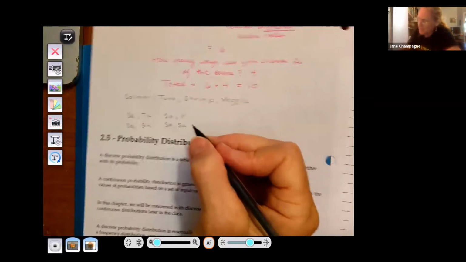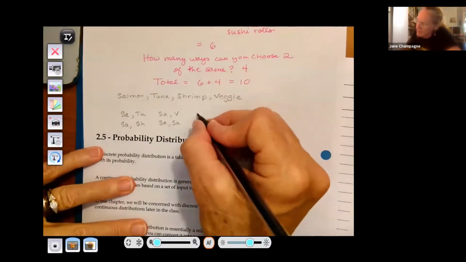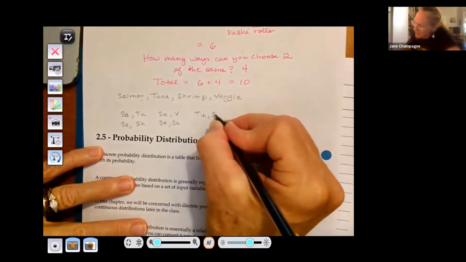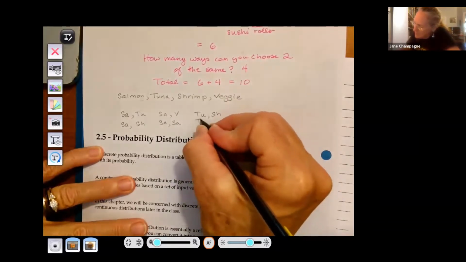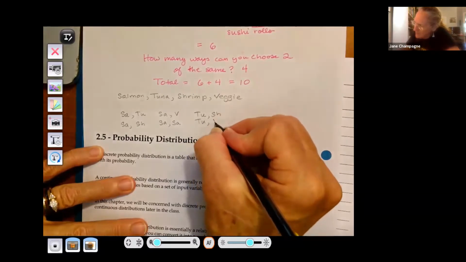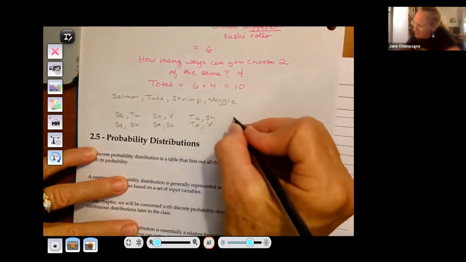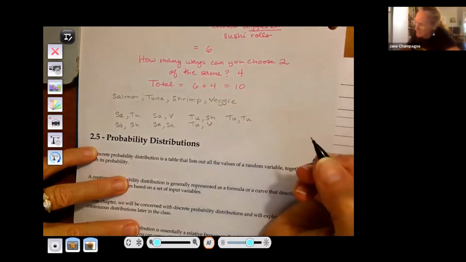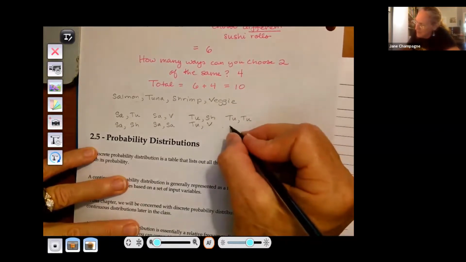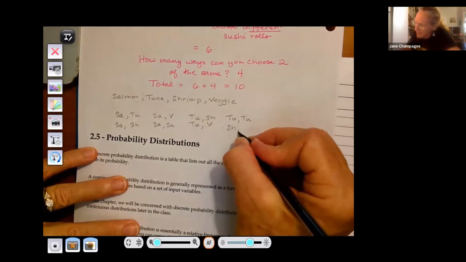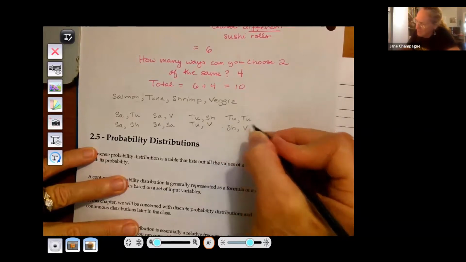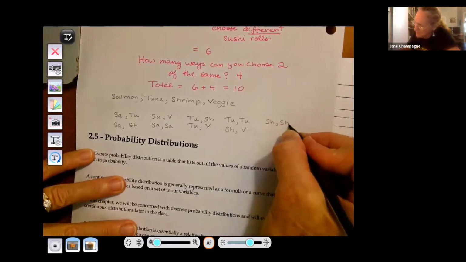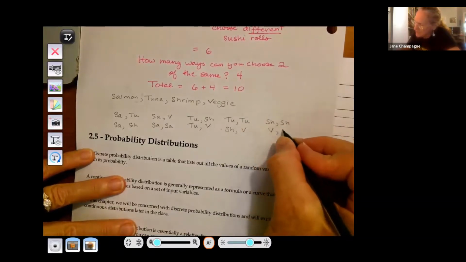You could have tuna and shrimp, tuna and veggie, or 2 tunas. You could have shrimp and veggie, or 2 shrimps, or you could have 2 veggies.